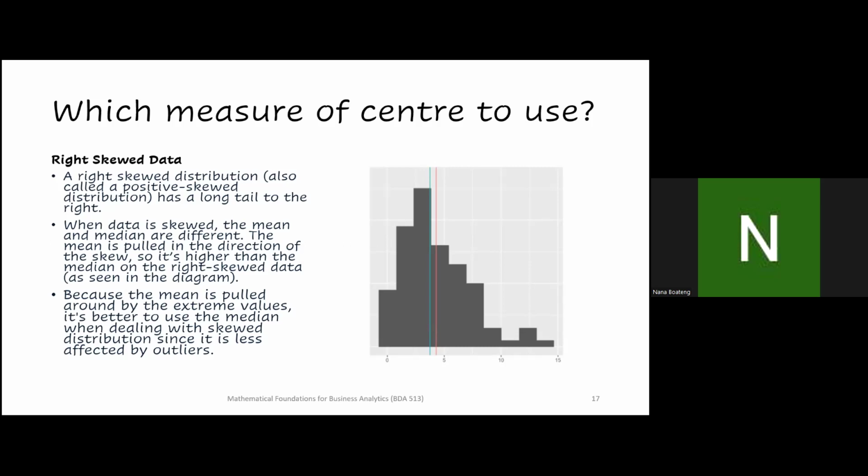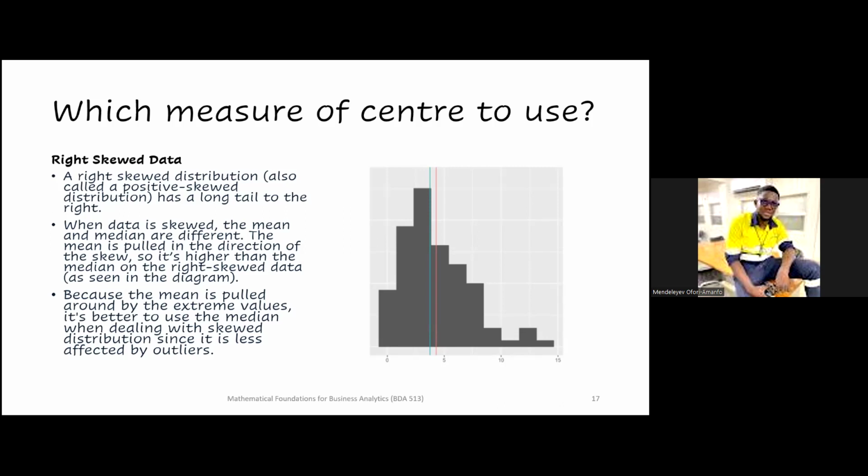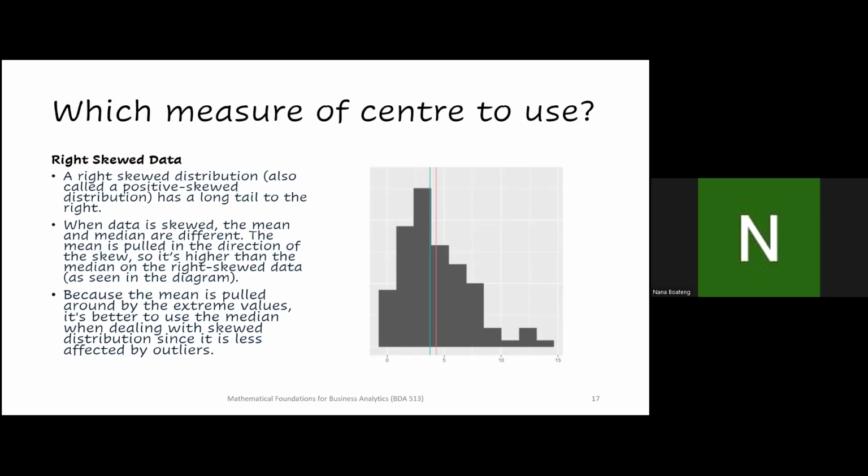We add the 10 and then the 90, and the performance seems good. But in actual fact, it is not good. The extreme value of the 90% has affected the actual performance of the class, which is 10%. Have you seen? Because we have extreme values, or in this case, let me say outliers.